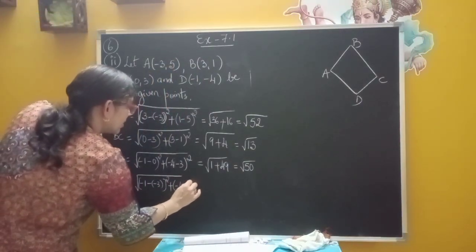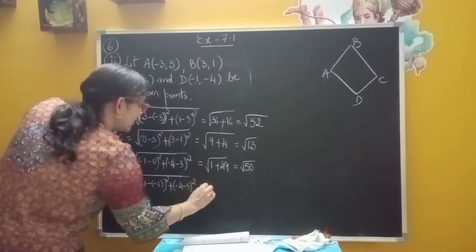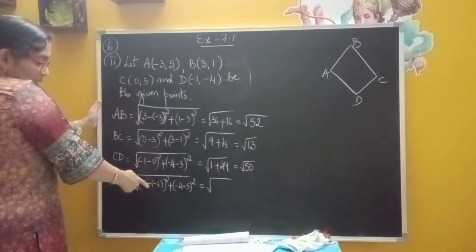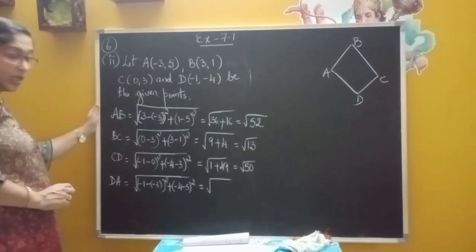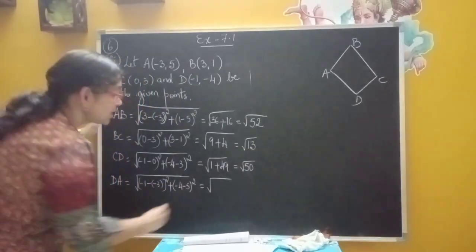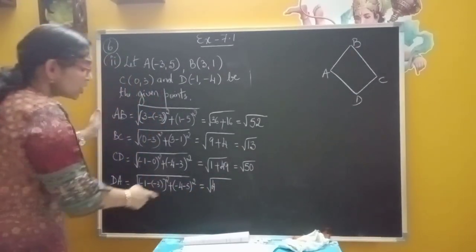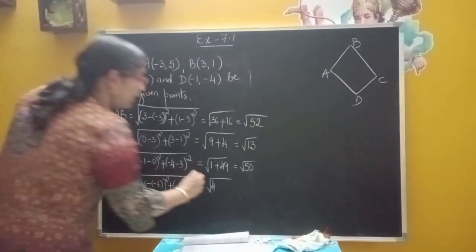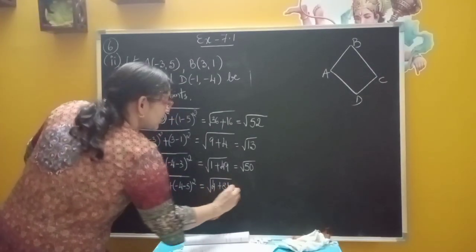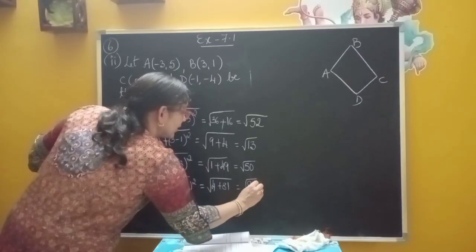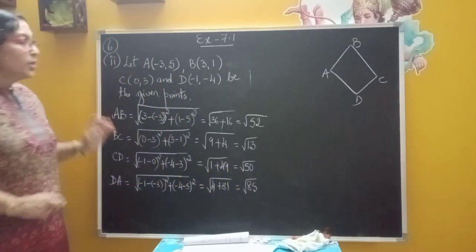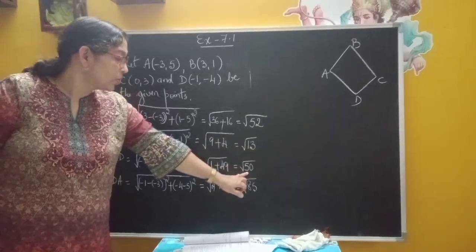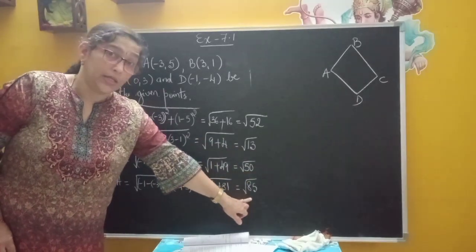Minus 1 minus into minus is plus 3, plus 3 minus 1 is minus 2, minus 2 whole square is 4. Minus 9 whole square is 81. So 4 plus 81 is root 85. So these are the lengths of the sides: root 52, root 13, root 50 and root 85.